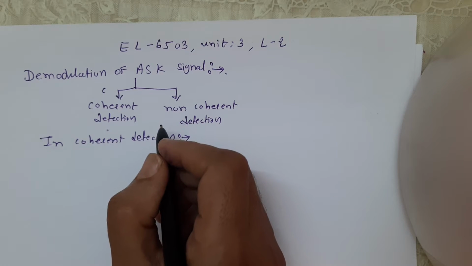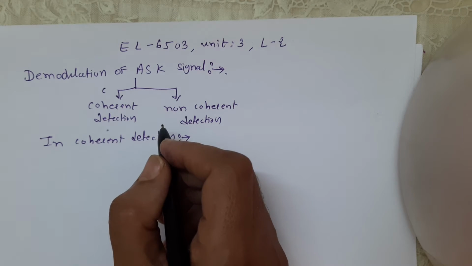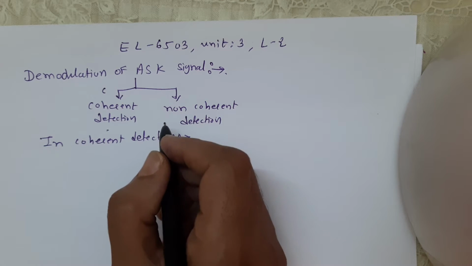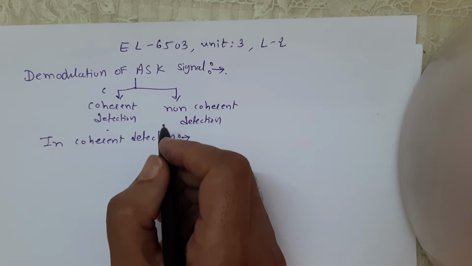A copy of the carrier used for modulation is assumed to be available at the receiver. The incoming ASK signal is multiplied with the carrier signal. The output of the multiplier will be a low frequency component representing an amplitude scaled version of the baseband message, and an ASK signal at twice the carrier frequency.